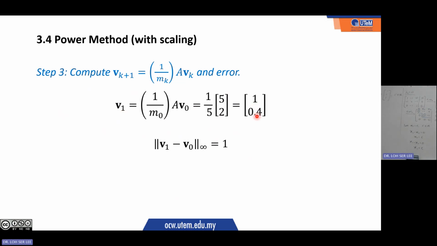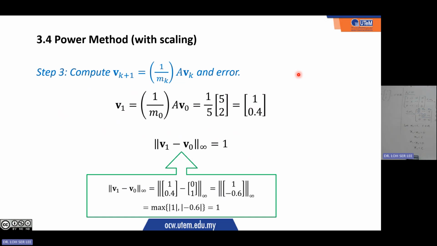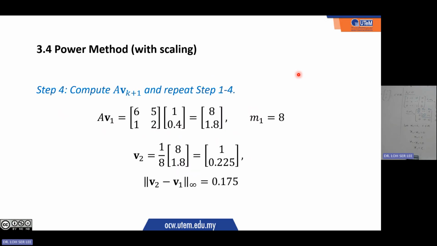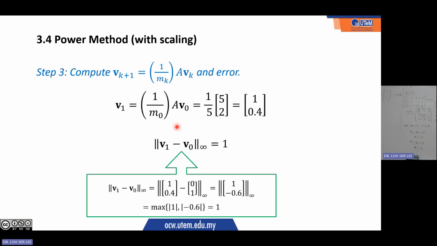Once you get your next V, compute again for AVk. So AV1, then V2, AV2, V3, AV3, V4, and so on. That's the process. And how do we know when to stop? We will find the error. This is the infinity norm.